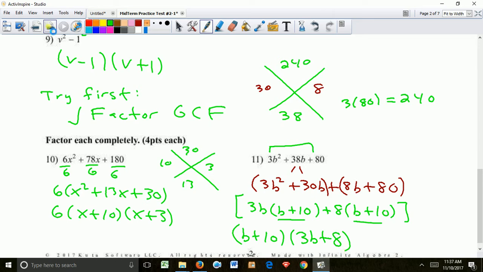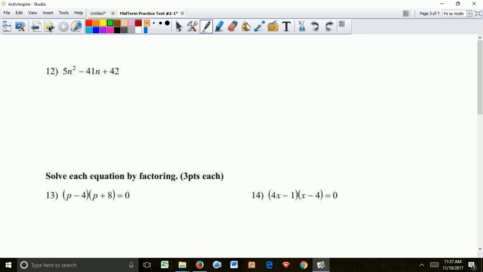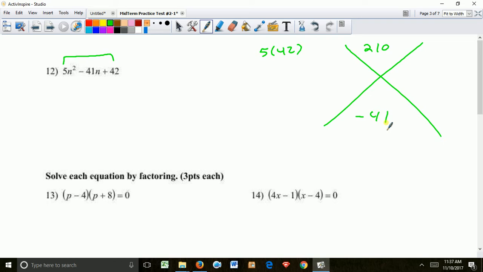Another one of group factoring. In this case, you've got 5n squared minus 41n plus 42. So again, you want to go through and see if there's a greatest common factor and factor out. There's none. Take 5 times 42, which is 210. We need to find factors of 210 whose sum is negative 41.